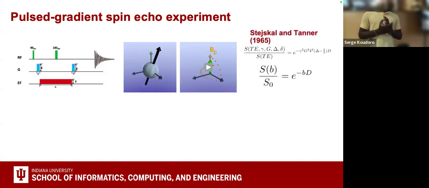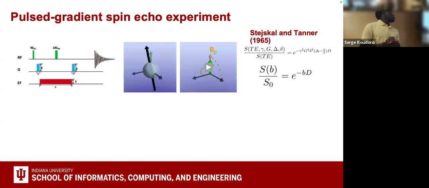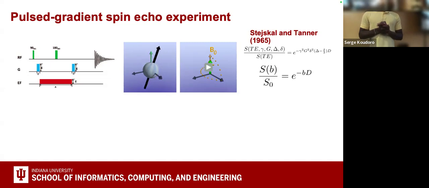So this guy, Stejskal, started to give us the mathematical equation to describe this loss. So here the exponential actually describes the loss of the signal, and you have the D here. Do you see the D here, the diffusion coefficient?